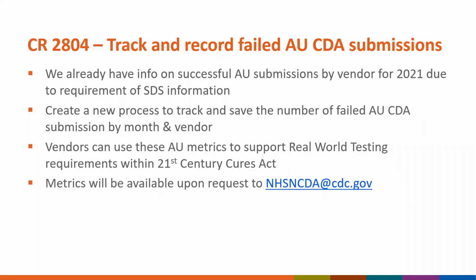Vendors can use the successful and failed AU submission metrics to support the real-world testing requirements outlined in the 21st Century Cures Act. The metrics will not be published anywhere and will only be available upon request, by email request to the CDA help desk. We will then provide you with your vendor-specific metrics only.